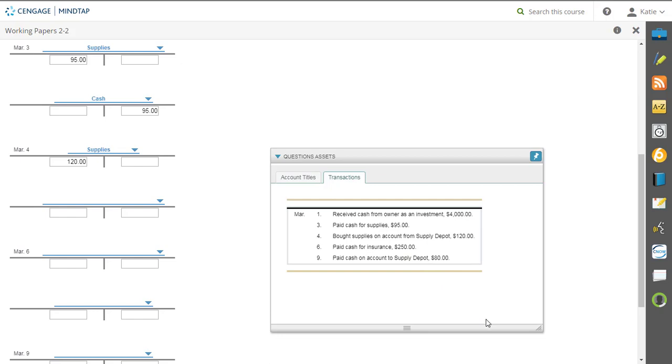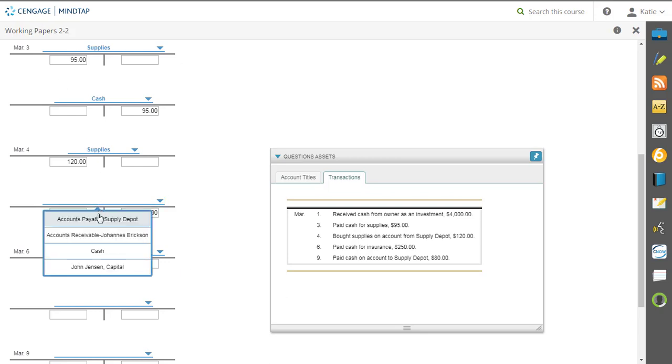What type of an account is it, Ethan? Liability. Do we owe accounts payable Supply Depot more money or less money because of this transaction? More. So what side of the accounting equation is liabilities on? Credit. So we need to increase it because we owe them more money, so we are going to credit accounts payable Supply Depot $120.